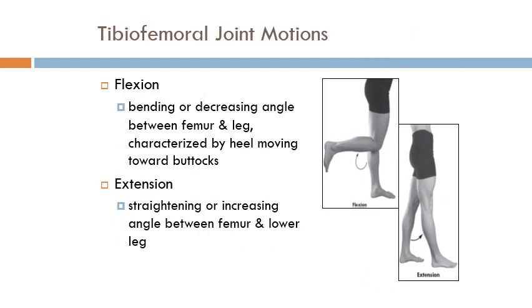Okay, so here are your tibiofemoral joint motions. You have flexion, or a decrease in the angle between the femur and the leg, and you have extension, or straightening. When we're talking about movements and muscle function, think about the lower leg bending like this and coming up: the muscle here would be shortening in order to do that.